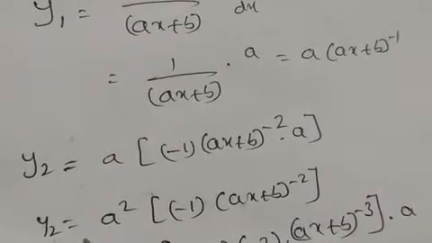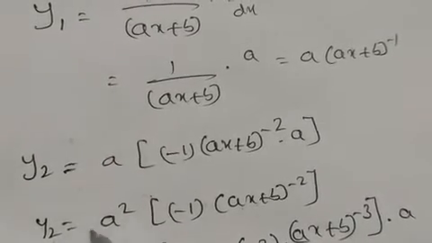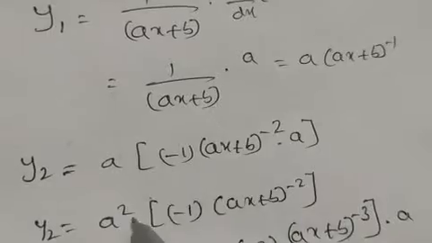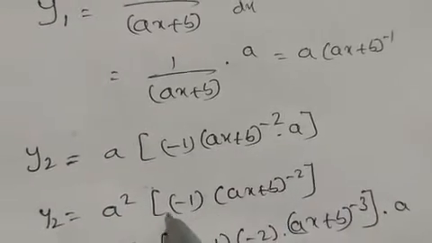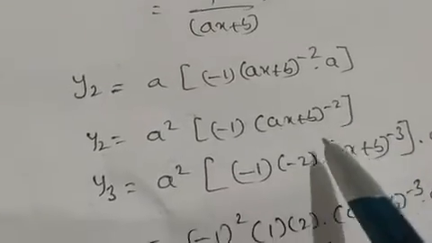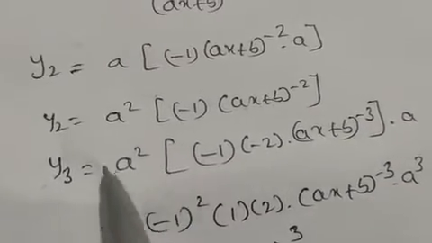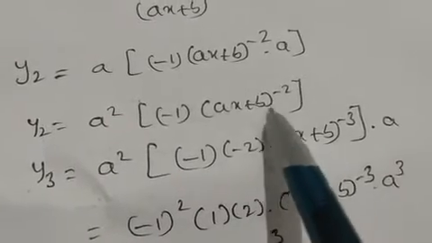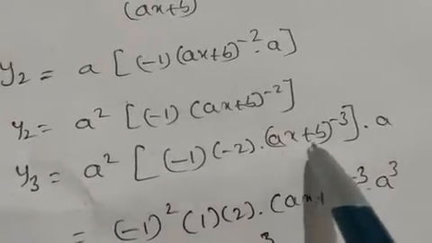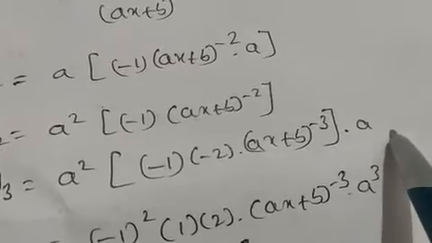Differentiating once again with respect to x, it is a into a, which is a square. And the derivative of (ax plus b) raised to minus 2 is minus 2 into (ax plus b) raised to minus 3 into a.